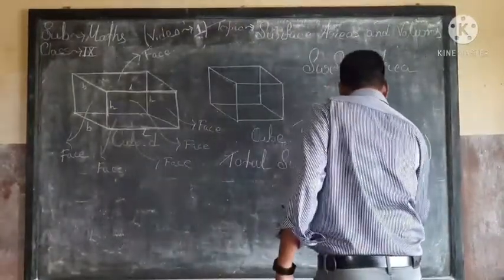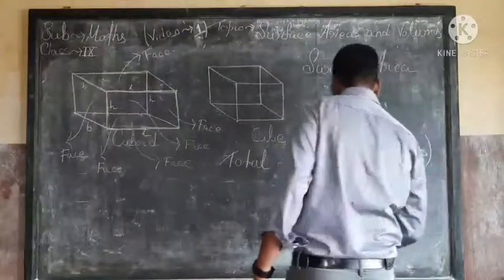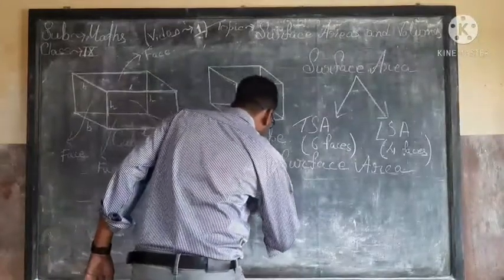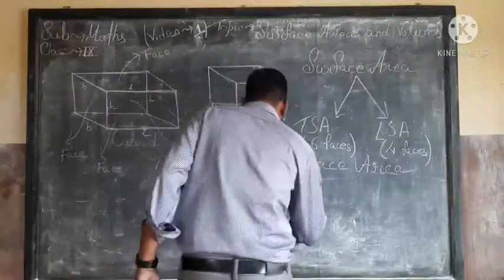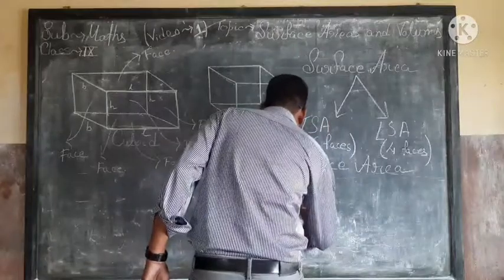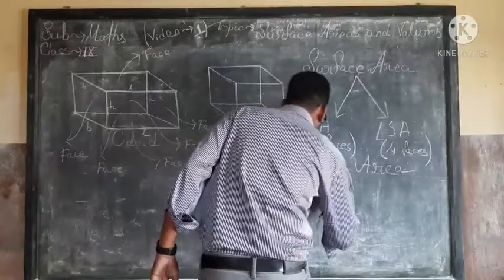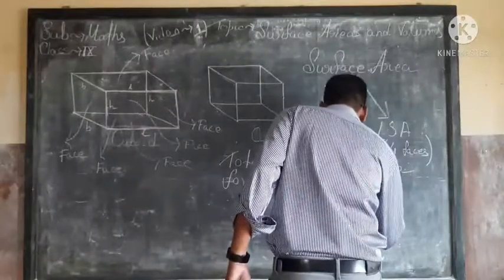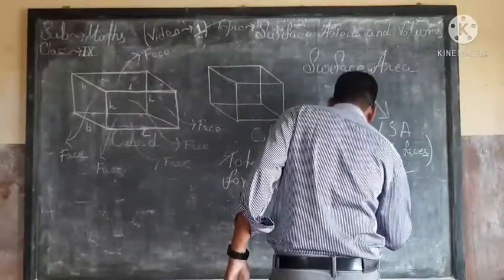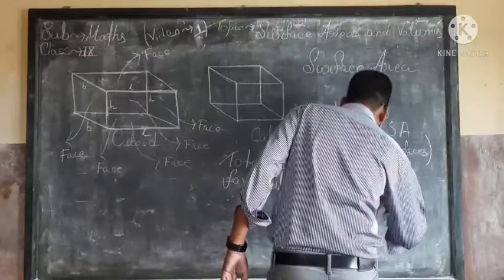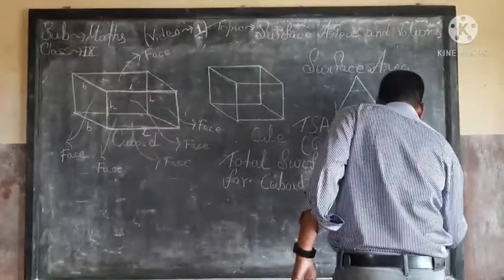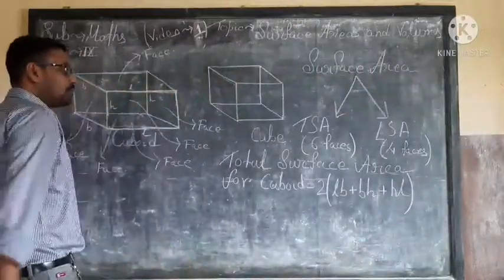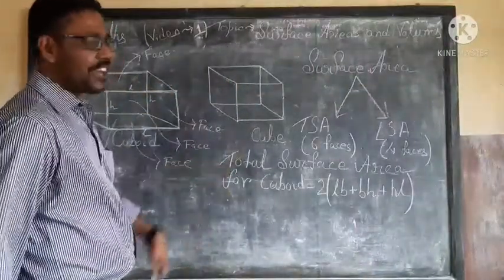So what is the formula to calculate the total surface area for the cuboid? It is 2 into (length into breadth, plus breadth into height, plus height into length), that is 2(lb + bh + hl).